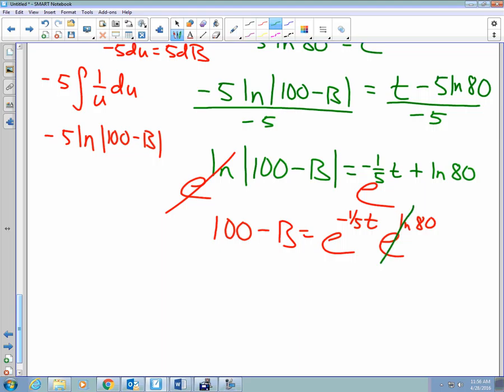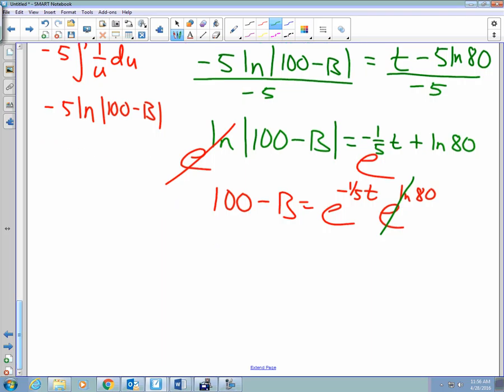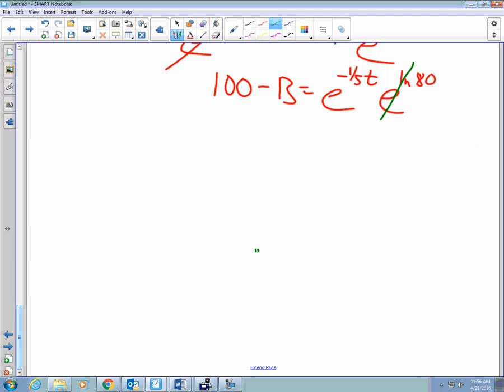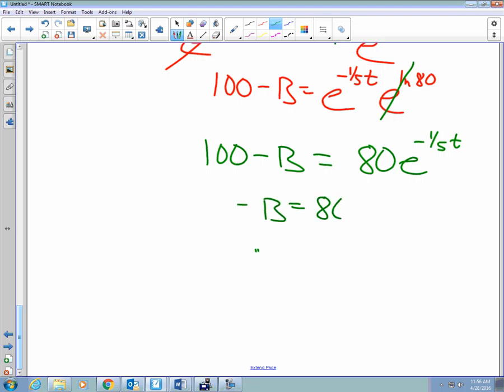Those cancel. So I have 100 minus b equals, the constant is 80, times e to the negative 1/5 t. Now what? Subtract 100: negative b is 80 e to the negative 1/5 t minus 100. Yep.